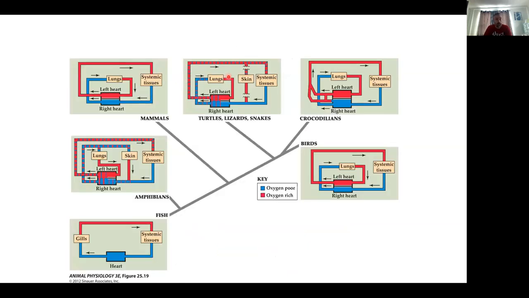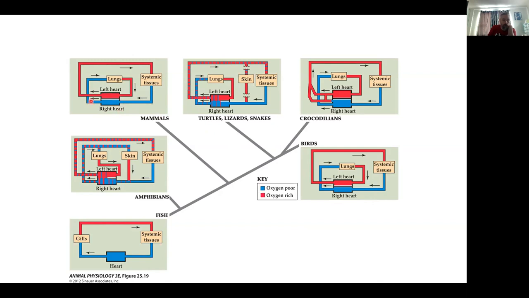So kind of to sum up vertebrate life then, in terms of pathways, we go from something very simple, something in series like a fish, to, as we add additional structures to it, say we add a lung, say with a mammal or a bird heart, which are identical, essentially, we end up with multiple pathways, multiple different loops, multiple different circuits, pulmonary, systemic, okay?